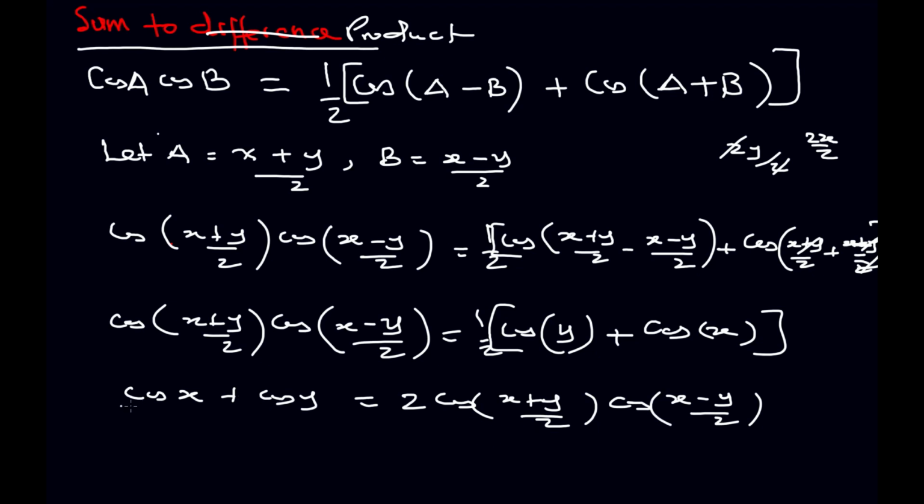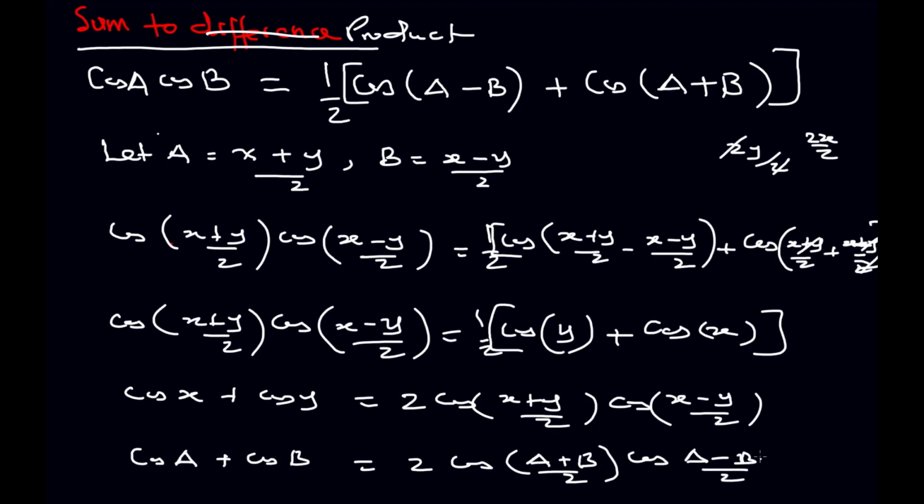So this is sum to product. You can change this back to normal angles: cos A plus cos B equal to 2 cos of A plus B over 2. Then cos, remember this is a product, so we'll have A minus B over 2.